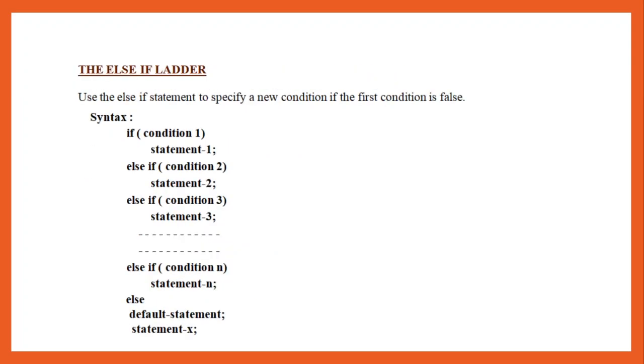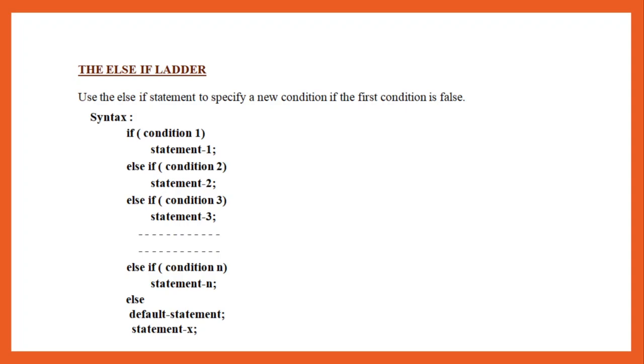If else ladder. Using this if else statement, we specify a new condition if the first condition is false. If I see the syntax, if condition 1, if the condition is true, it goes for statement 1. If the condition fails, in the previous syntax we have seen the false block with the else statement.